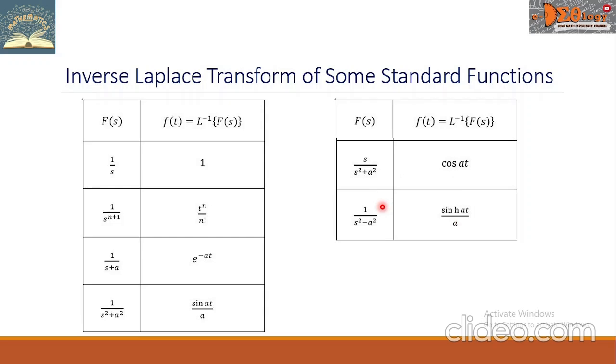We have the function 1 over s squared minus a squared. We have this Laplace inverse sinh of at all over a. Then the function s all over s squared minus a squared. Laplace inverse is cosh of at.